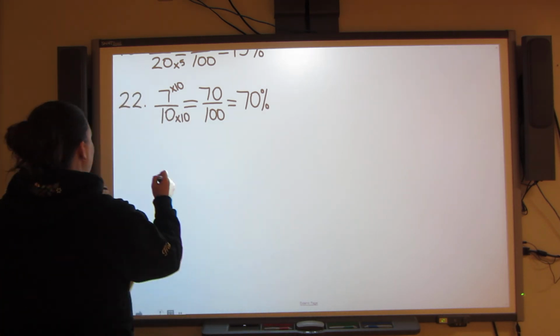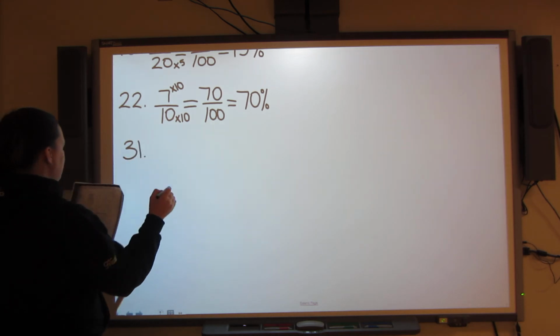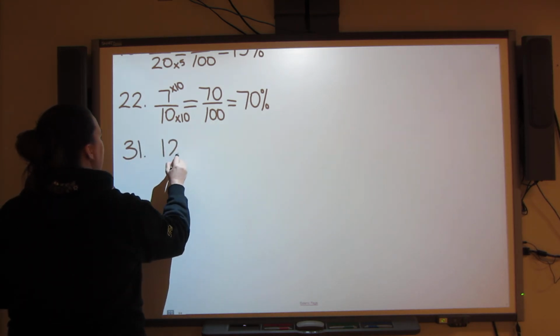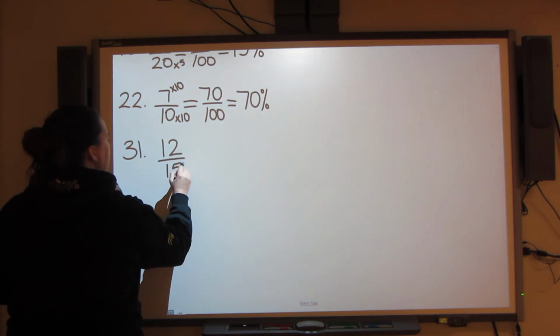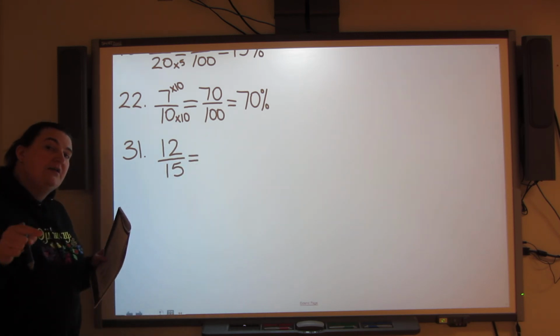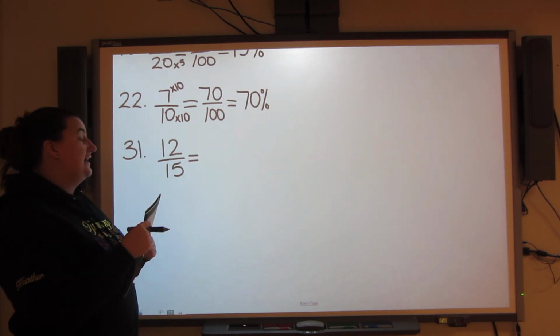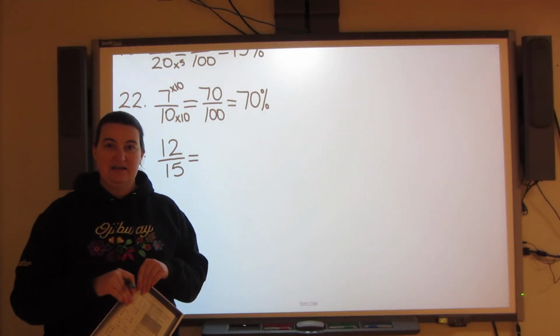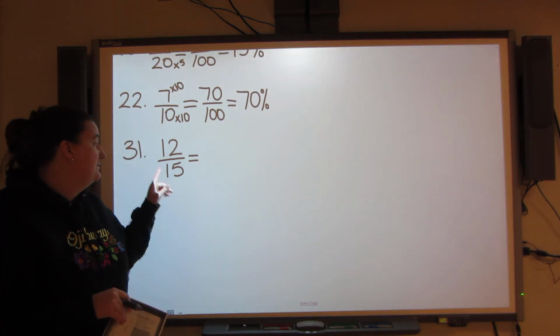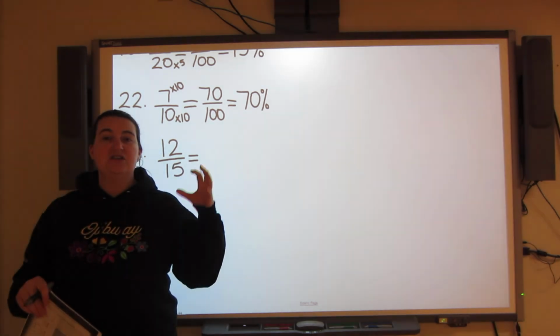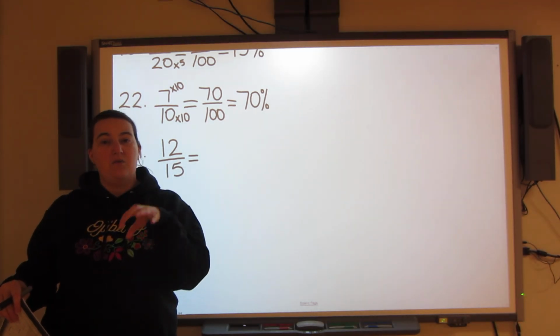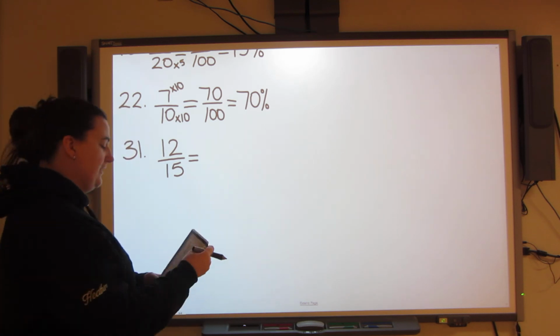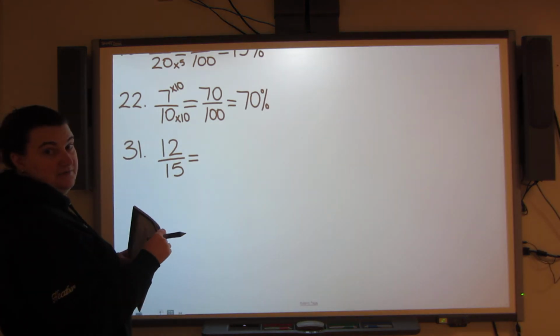So let's do an example. 31. I have 12 over 15. I need to find lowest terms first because 15 is not part of my 100 math facts. So I can't use 15 to change it to an equivalent fraction with 100 as my denominator. So, lowest terms first.